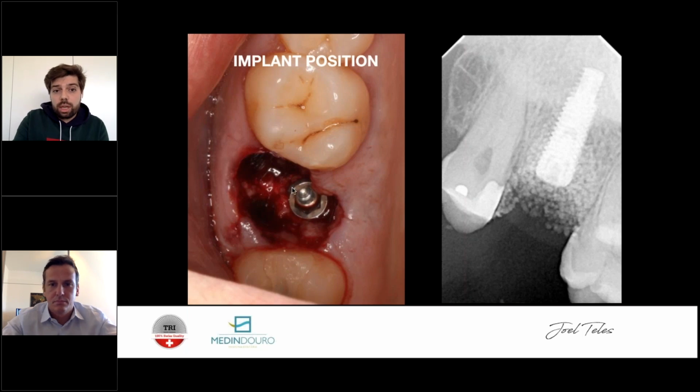So in these situations, I'll normally choose one path of one root, and normally the palatal, and in lower jaw, mostly the distal one, and I will lean my implant just touching against the existing bone.